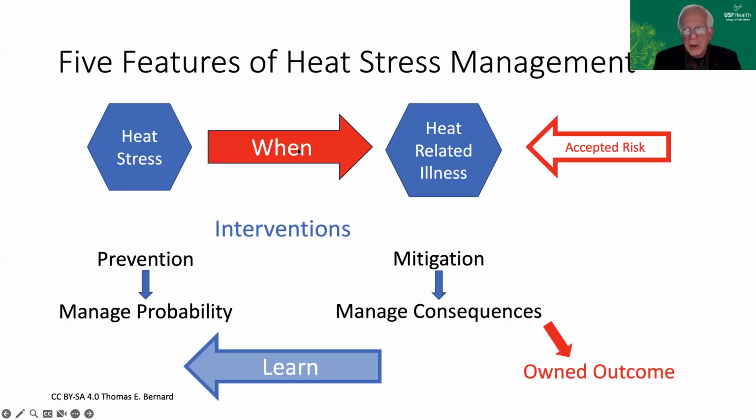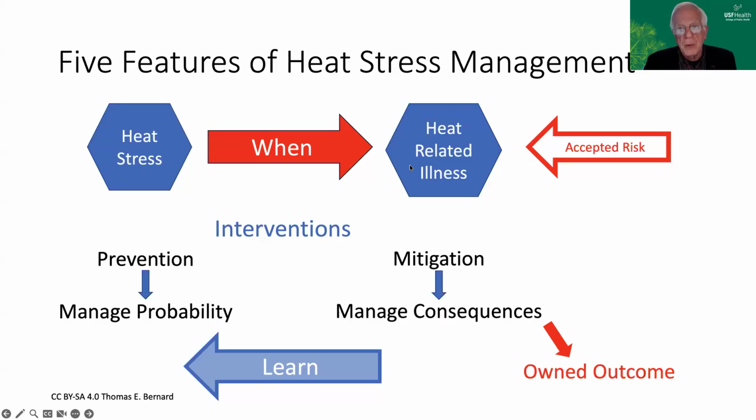And in this model, when you have heat stress, it's not a matter of if a heat-related illness is going to occur; you plan that there's going to be one, and you just don't know when it's going to happen. So heat stress is going to lead to a heat-related illness. It's a probability matter. If you're a large employer, you're more likely to see them more often than if you're a small employer, which may be years between serious heat-related illnesses.